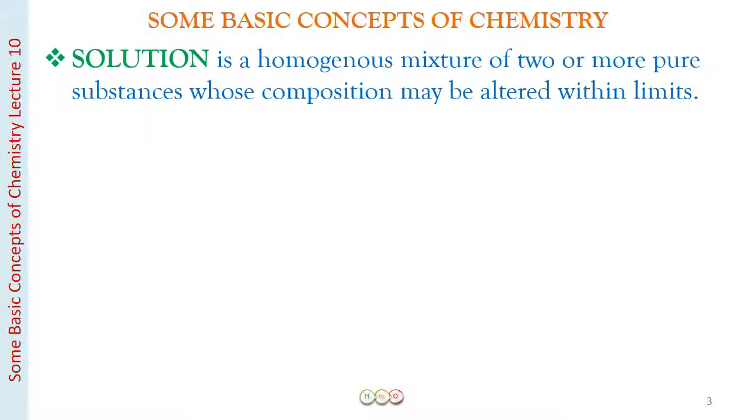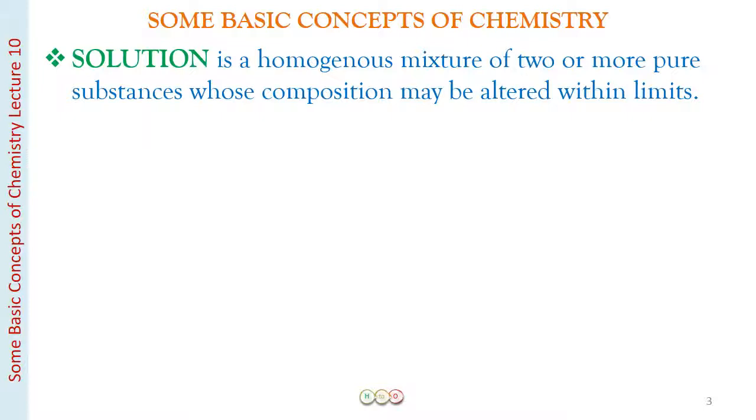In a homogeneous mixture, the components completely mix with each other. The composition is uniform throughout. For example, we have a sugar solution. In a heterogeneous mixture, the composition is not uniform throughout and sometimes different components can be observed, right?